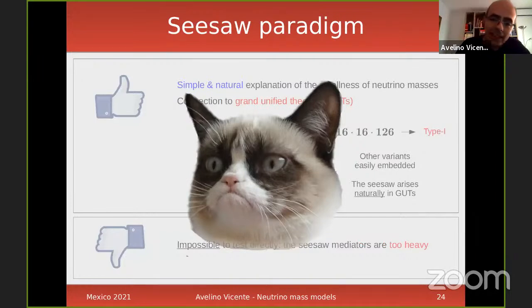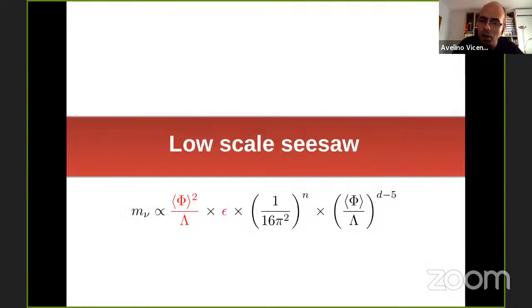We love the seesaw because it's a very nice explanation for neutrino masses, but we are not fully happy because we cannot test it directly. That's why people have invented many other variations, many other seesaws, many other types of mechanisms to produce neutrino masses. For instance, the low-scale seesaw. This is what I want to tell you now. In this case, we have the first factor, and we have a second factor, which is this epsilon, that is much smaller than 1.